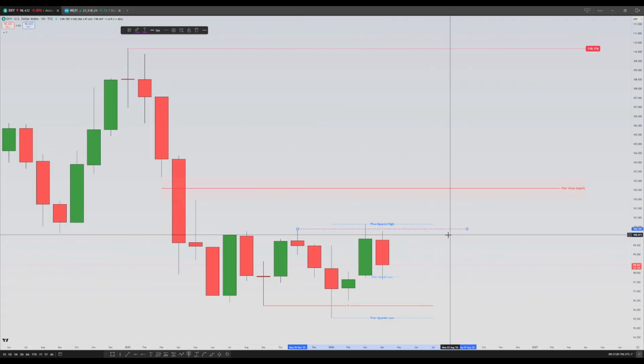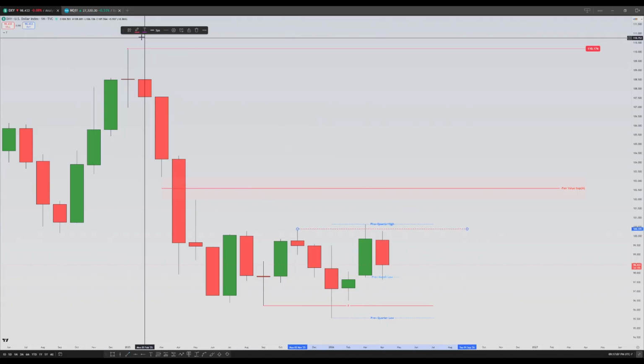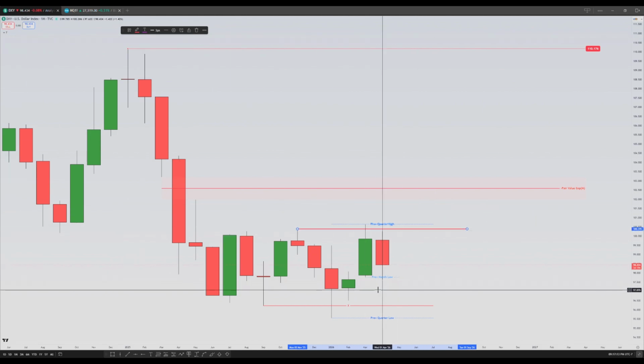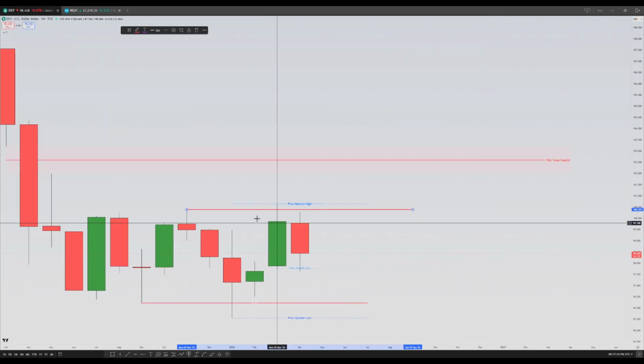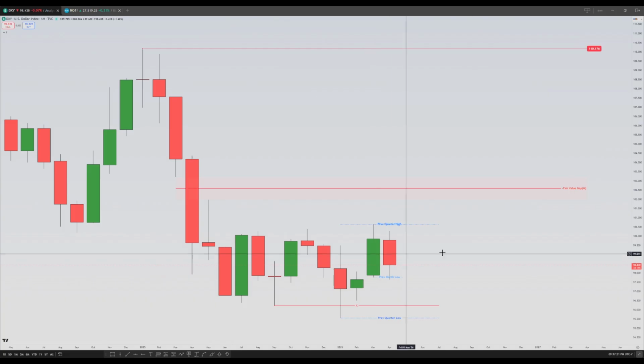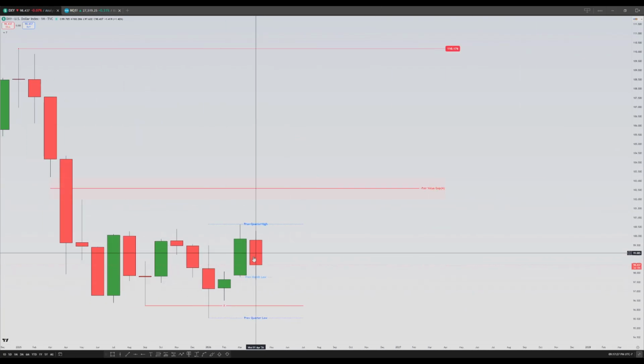So we get price trading above this short-term high on the monthly chart. We now have seen it reverse and trade below previous month's low, leaving previous month's high and the quarterly high intact.